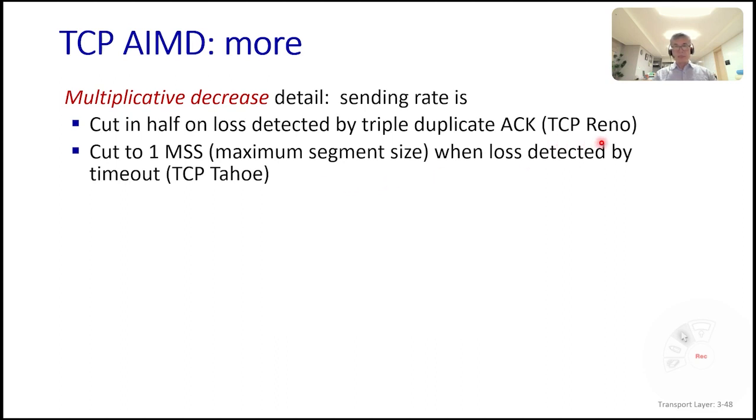But in TCP Reno's case, for triple duplicate ACK, CWND is just cut by half, and then fast recovery increases it linearly, not setting CWND to 1. But when a timeout happens in Reno's case, similarly, the congestion window size is set to 1 maximum segment size.